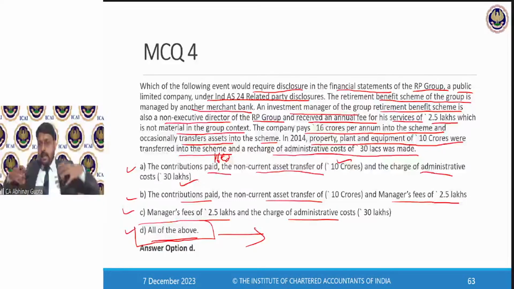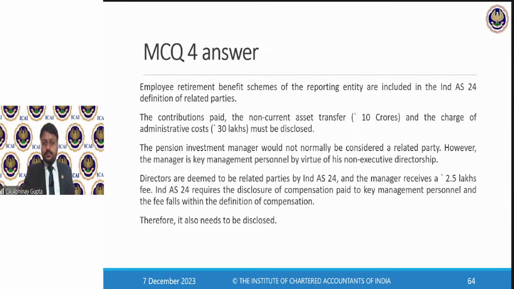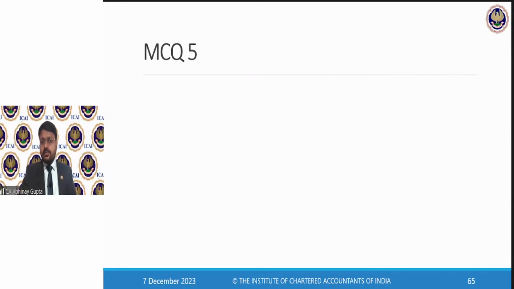Now, once I establish that this investment manager is a related party, or this scheme is a related party, I have to disclose all transactions, irrespective of the fact that the group considered that amount was immaterial. So the group considered the amount immaterial, but still the standard doesn't allow any exemption on that. So this is a detailed rationale for that option.